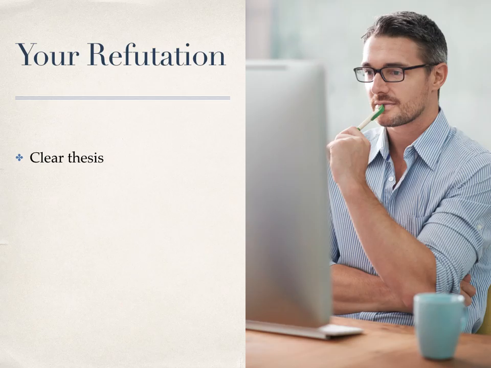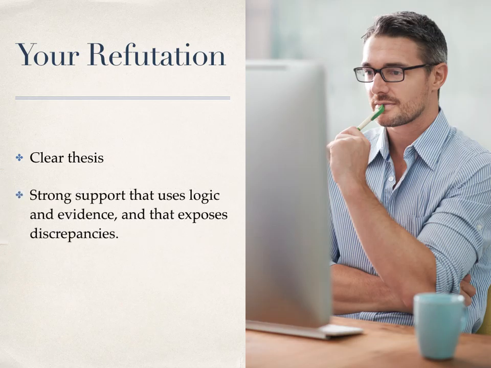You're just stating what he said, and then you're ending it with your thesis. This is wrong because Harris's beliefs about moderation in religion are flawed due to his, and you'll state your thesis. And from there, you'll go into your support, using logic, using evidence, and exposing the discrepancies within the work.